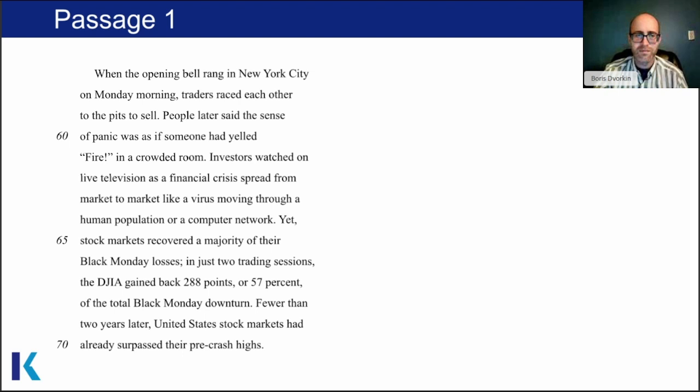All right, folks. What was your annotation for this paragraph? This paragraph was the big day.